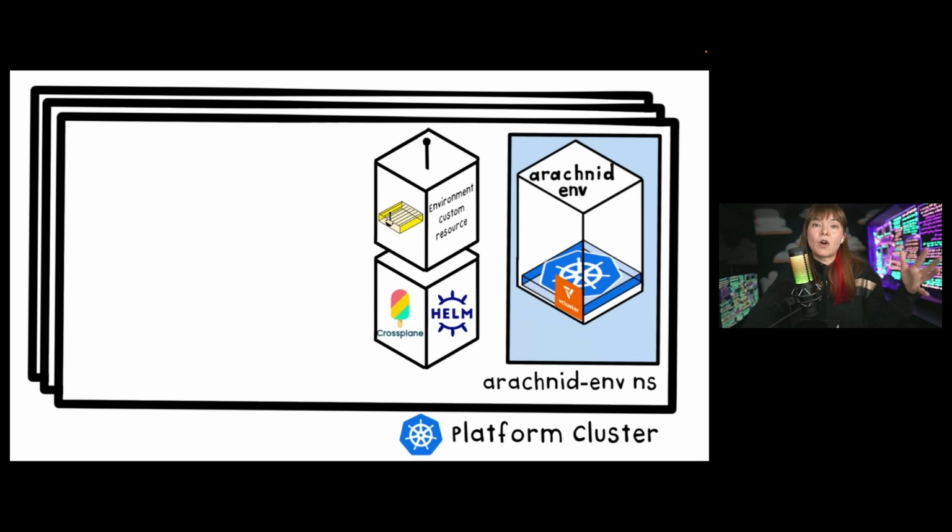Or if you give every team their own full-fledged Kubernetes cluster, that can be expensive for the organization and maybe result in a lot of power that the teams don't exactly need. So a virtual cluster is a way to carve up a host Kubernetes cluster into lots of smaller clusters that you could use for anything. But in this case, we're using those smaller clusters for development environments.